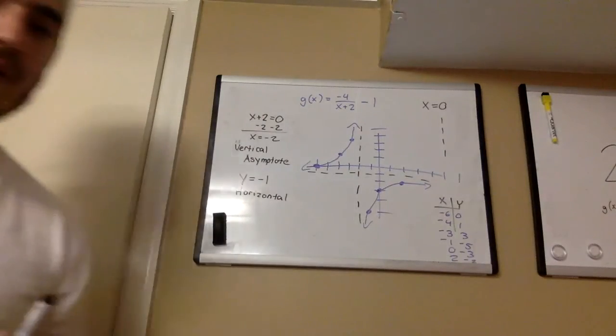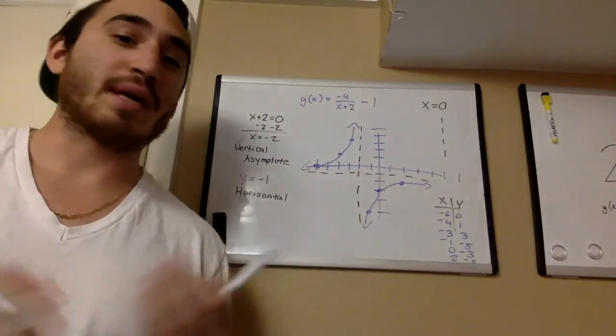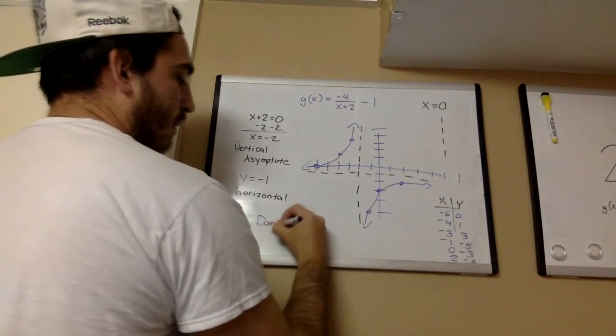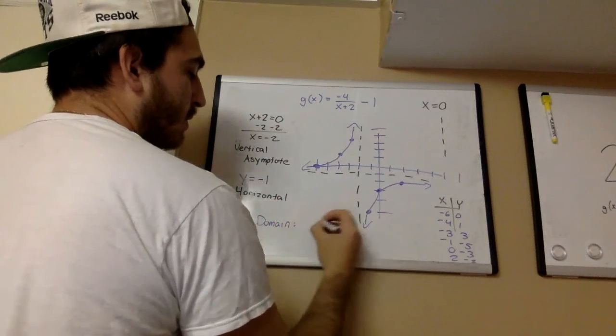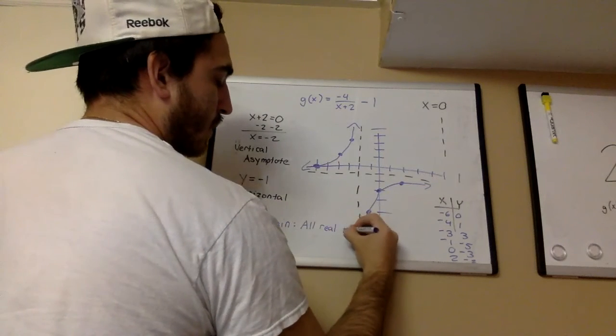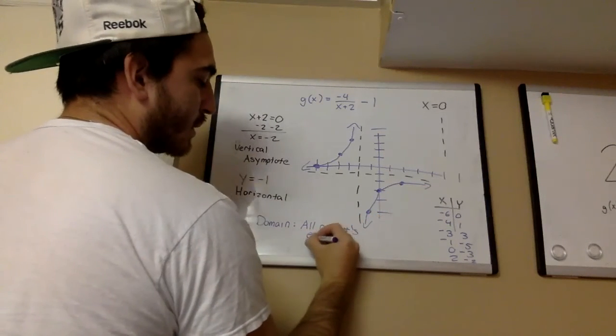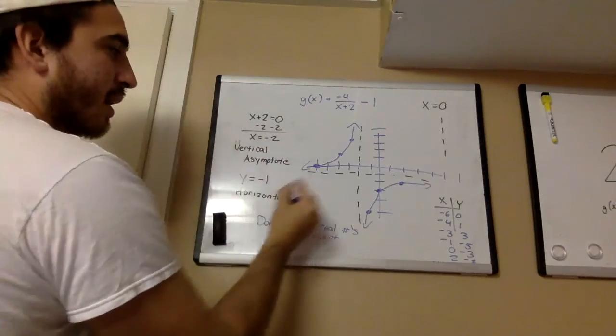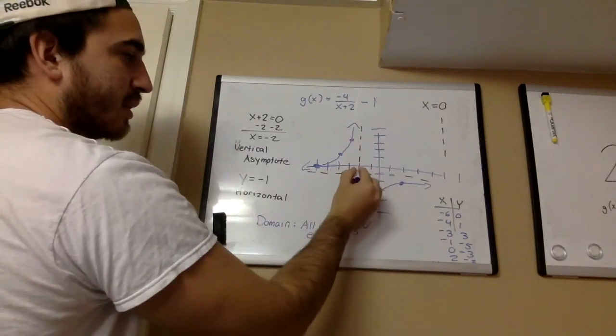And now for the second part, they're going to ask you, what is the domain and range? This is actually pretty straightforward. Your domain is going to be all real numbers except your asymptote. If I go with domain as x, the only x value that I cannot touch is -2.